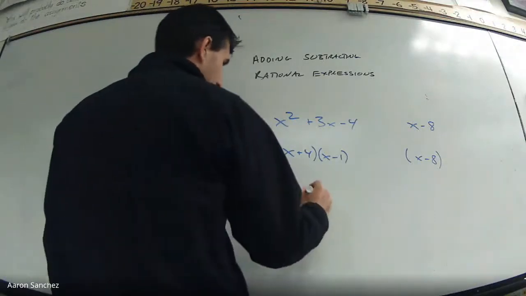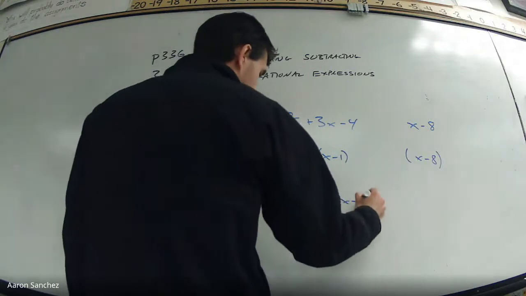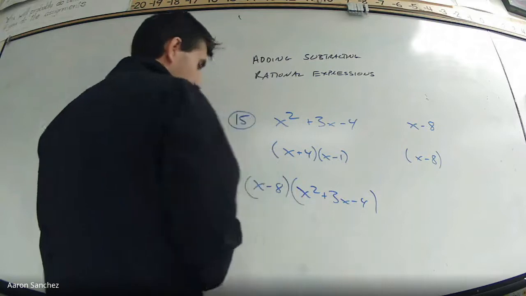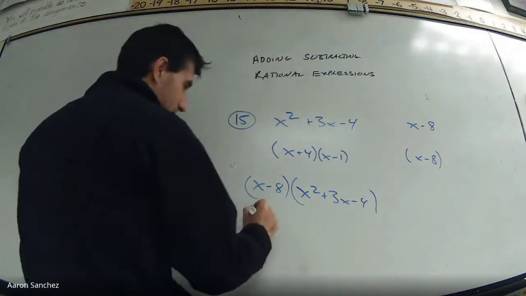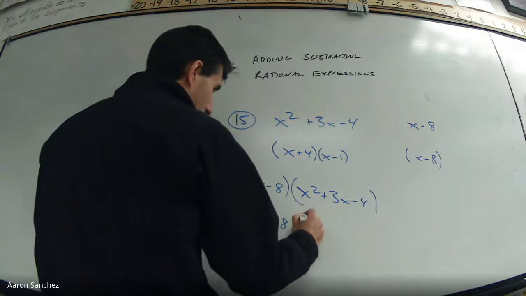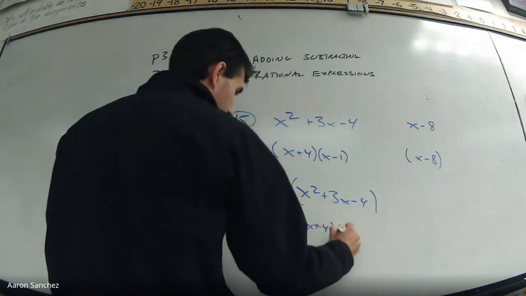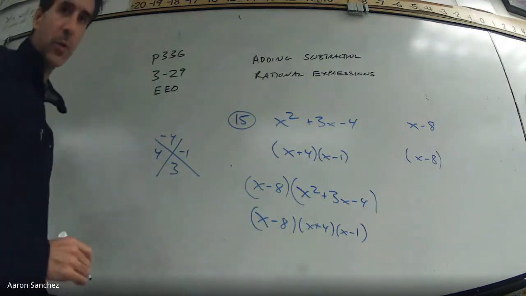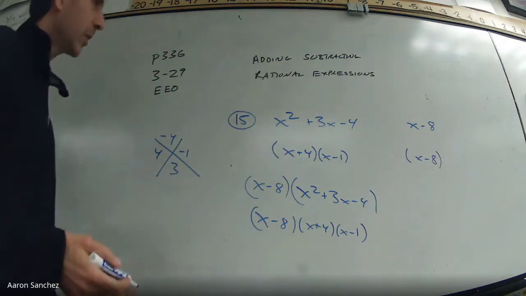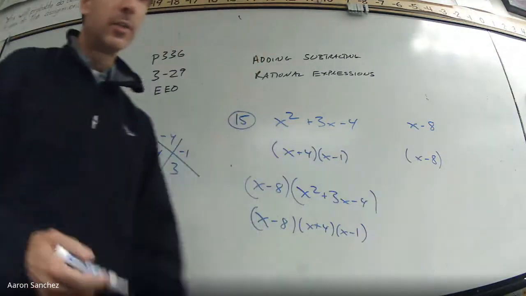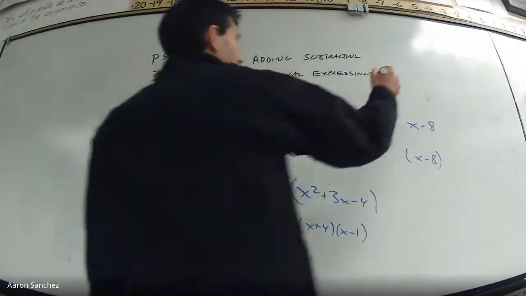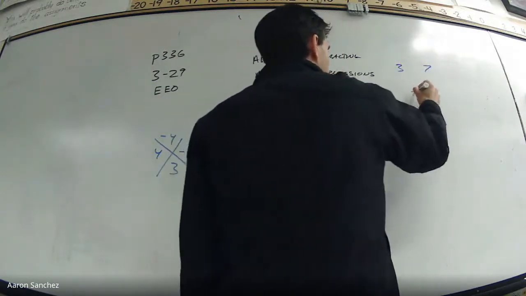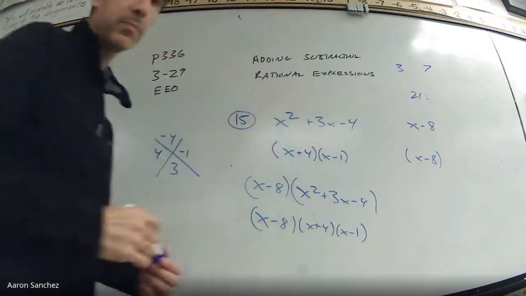It's either x squared plus 3x minus 4 times x minus 8. That is the least common multiple, or we could write it as x minus 8 times x plus 4 times x minus 1. Okay. Now there's a reason that we're doing this, okay? So anyway, to find the least common multiple, just multiply that times that. Just like we said, the common multiple of 3 and 7 is also 21, because 3 times 7 is 21, okay?